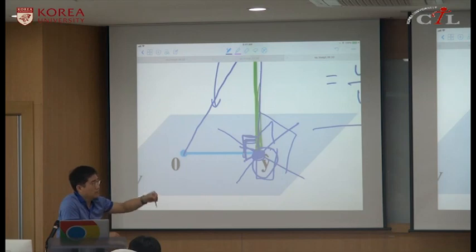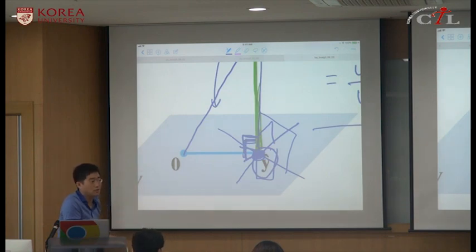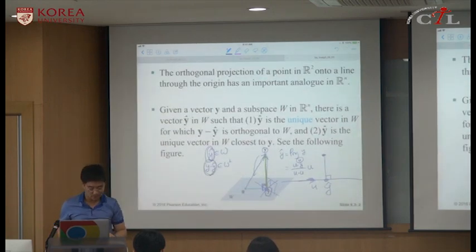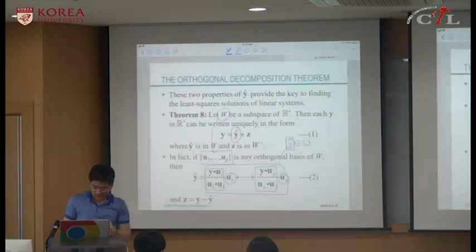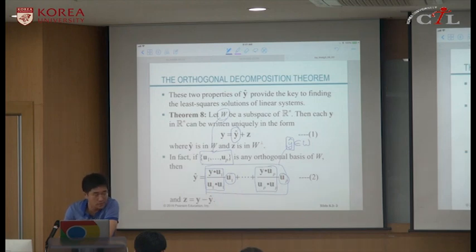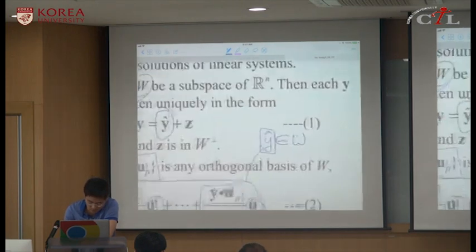So you pick any vector from W, which is our subspace, and that vector should be orthogonal to this green vertical vector.